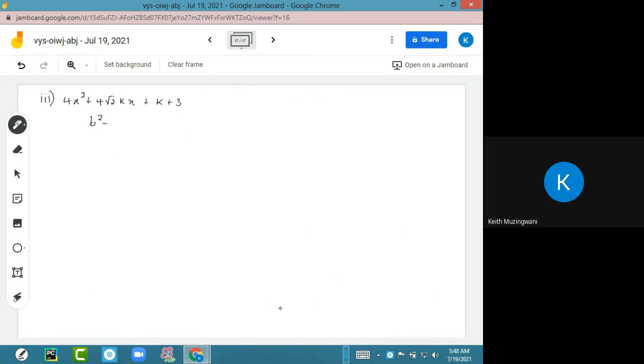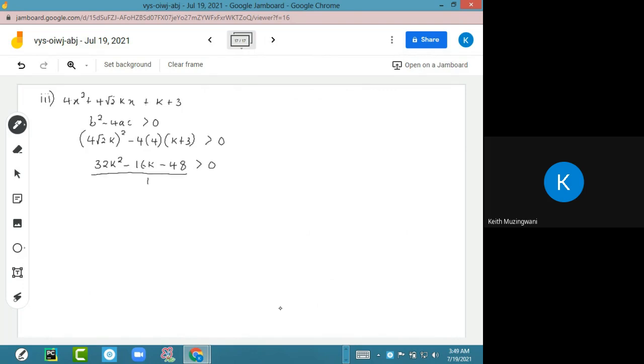So now the discriminant here must be greater than 0 for us to get 2 real values of x. B is 4 root 2k, it must be squared, minus 4, A is 4, C is k plus 3, and it must be greater than 0. So we get 16 by 2, which is 32k squared, minus 16k minus 16 by 3, that is 48, greater than 0.